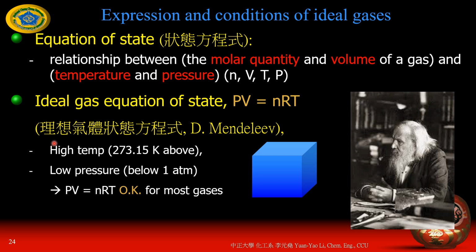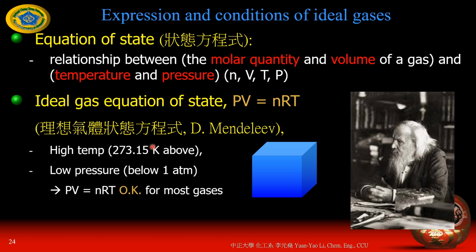If you want to use this equation, normally it is high temperature and low pressure. High temperature means more than 273.15 K, which is 0 Celsius, above 0 Celsius. Why do you need high temperature?